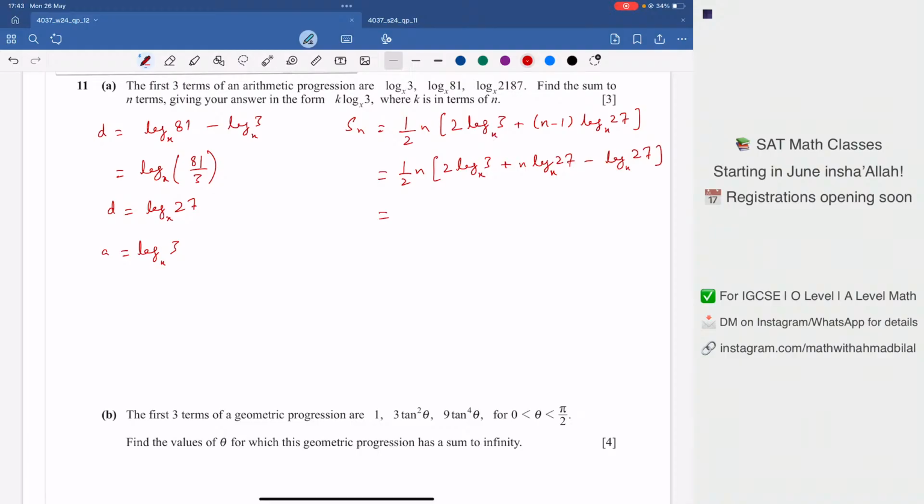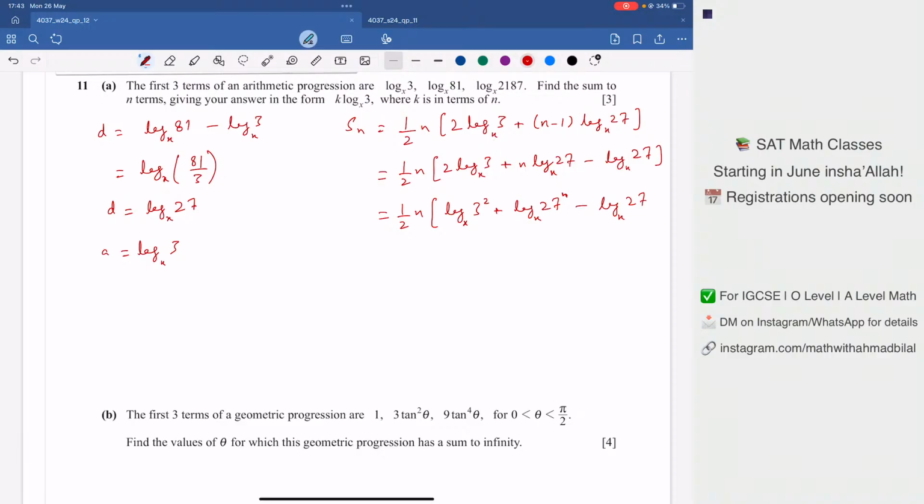So we want to convert it to a single log term, and for that we want to get rid of these numbers from outside. How do we do that? We have half n into 2. We could take this to the power: log of 3 squared base x plus log of 27 power n base x minus log of 27 base x.